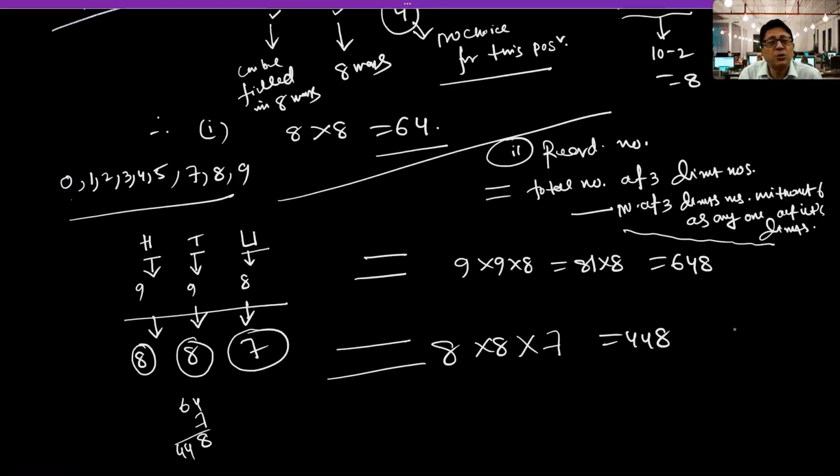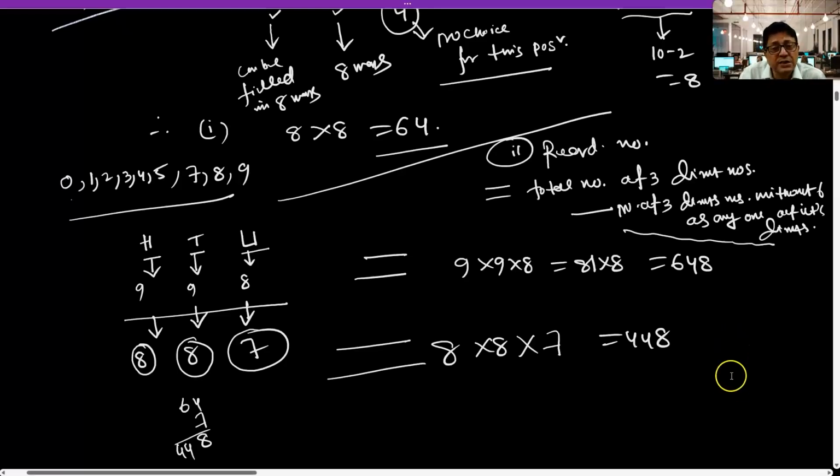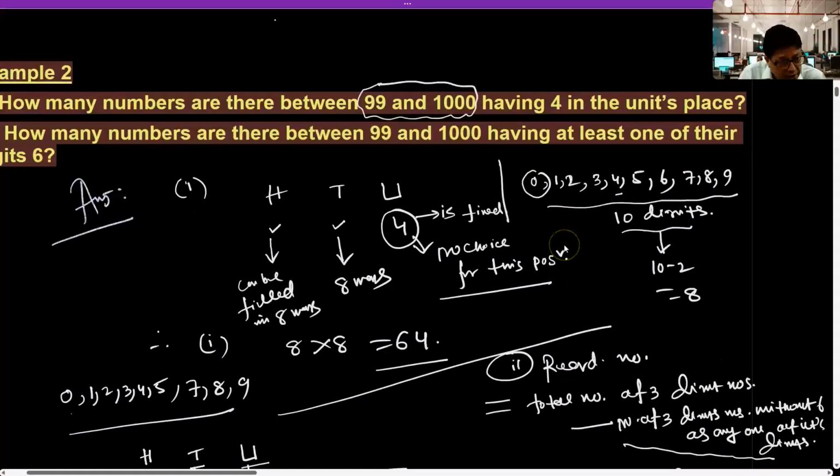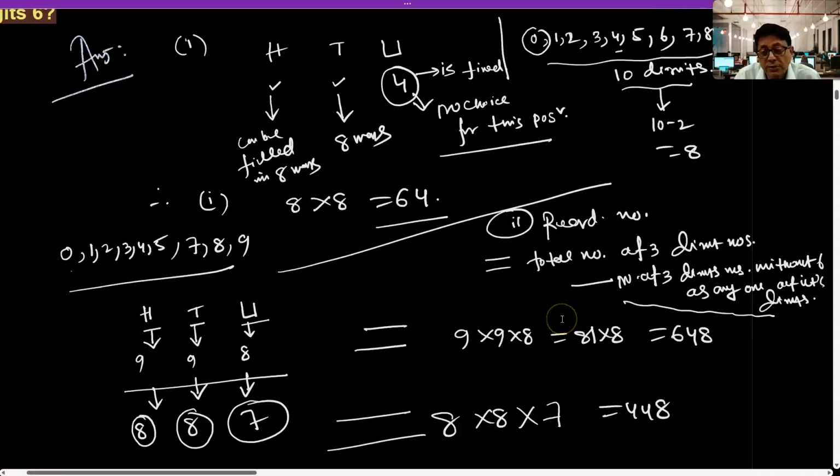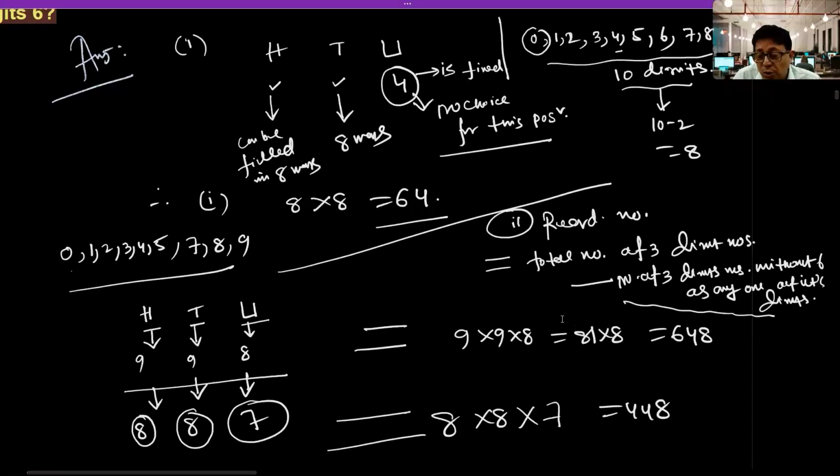So how many total numbers there where 6 is at least one of their digits? In this case, I have solved by considering 6 is not taken at all.